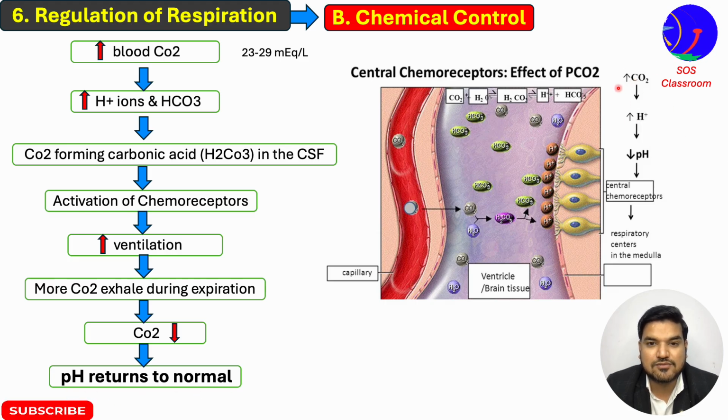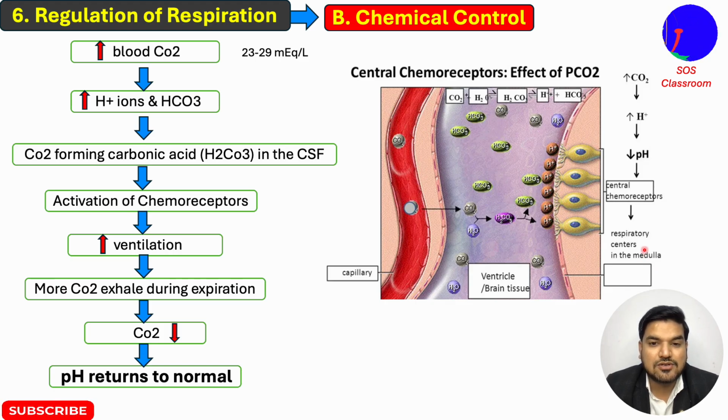So first of all, you can see this flowchart. Increasing carbon dioxide in the blood leads to increasing hydrogen ions, which leads to a decrease of the pH level. That is acidic in nature, and this is called respiratory acidosis. When the pH level decreases, the central chemoreceptors near the DRG are activated, and they activate the respiratory centers in the medulla, the DRG and VRG.